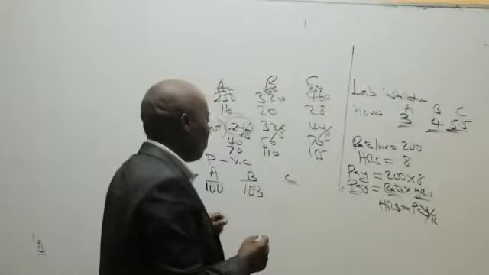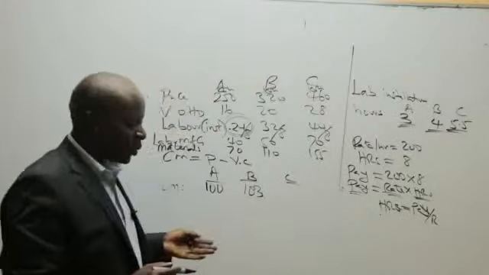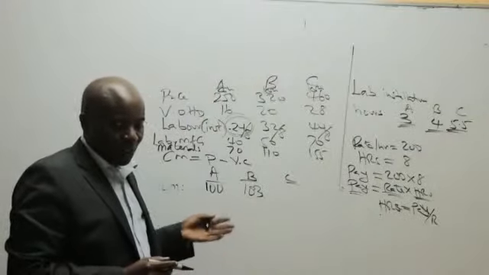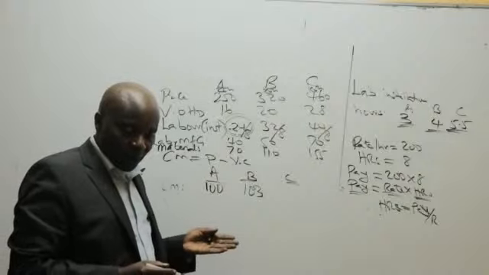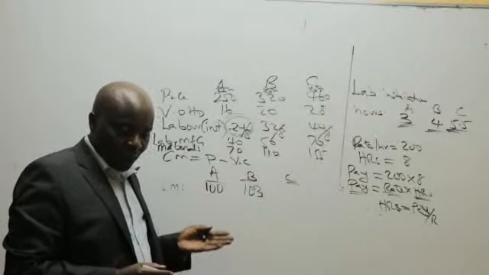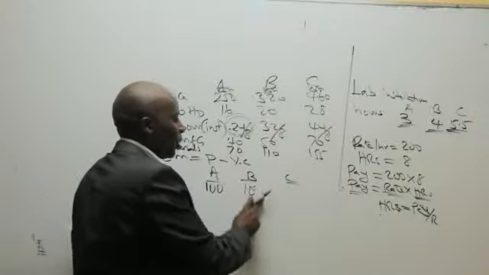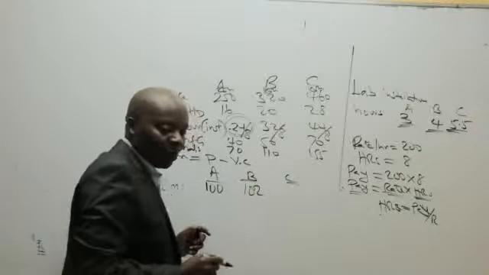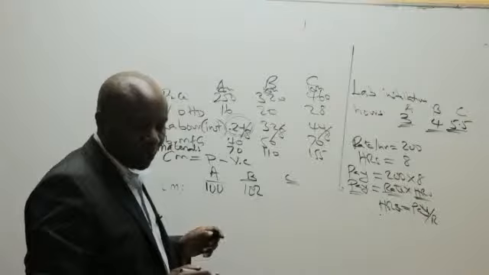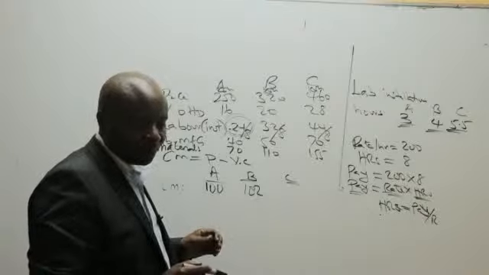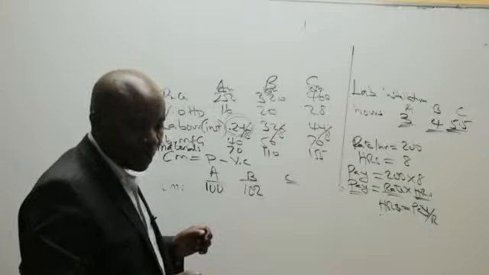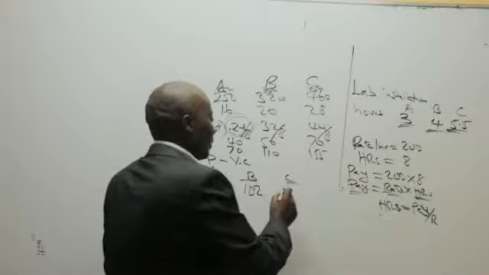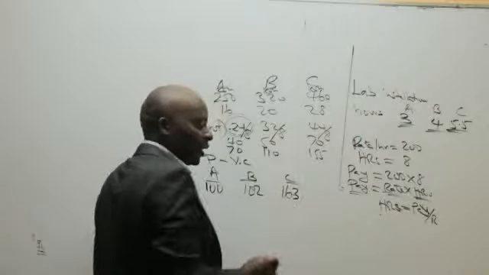Others are saying B is 102, others are saying it's 103. Which way do I follow? Most of them are saying it's 102, so 102 should be correct. How about C? Damaris says it is supposed to be 163.